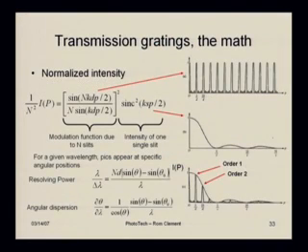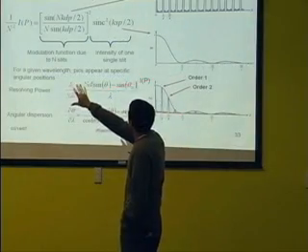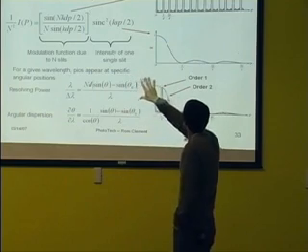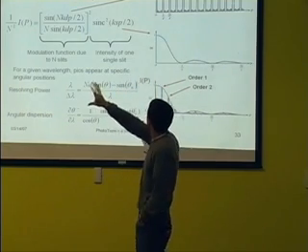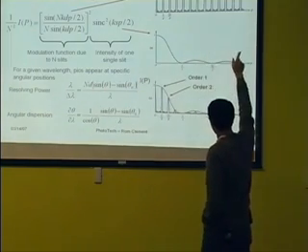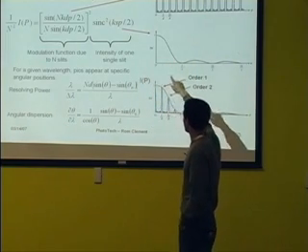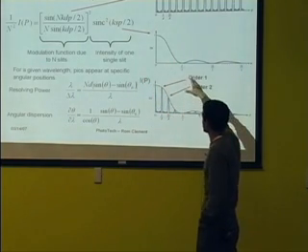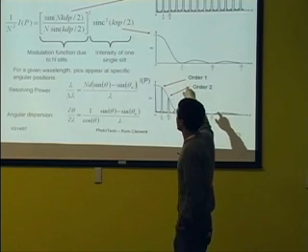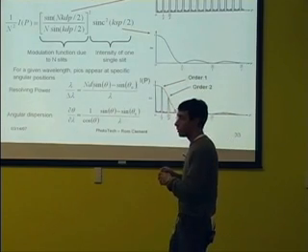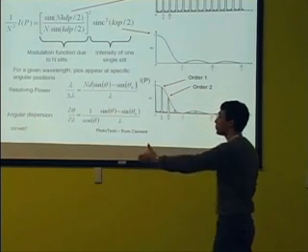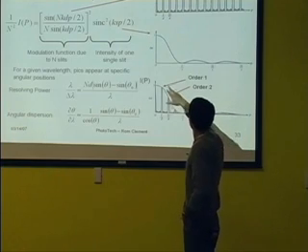I've just copied the previous formula. So I have one function, which is due to my N slots, which has this shape, times the initial profile of a slot, which is a rectangular aperture with a very long, let's say, width versus height.